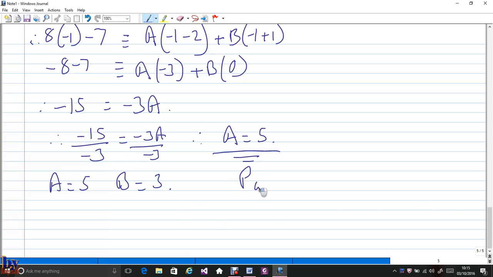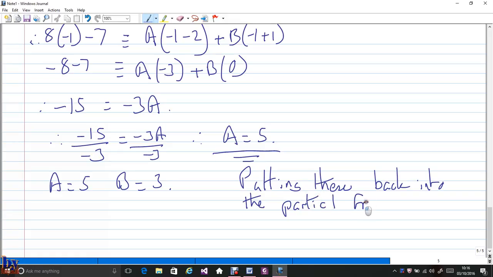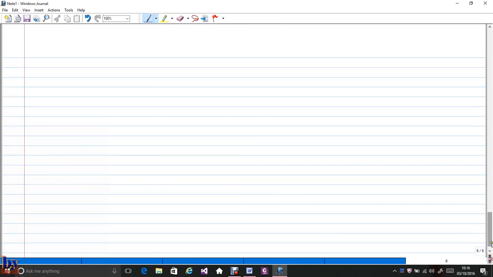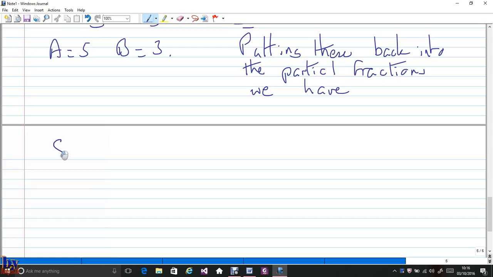So putting these back into the partial fractions, we have 8x minus 7 over x plus 1 times x minus 2.